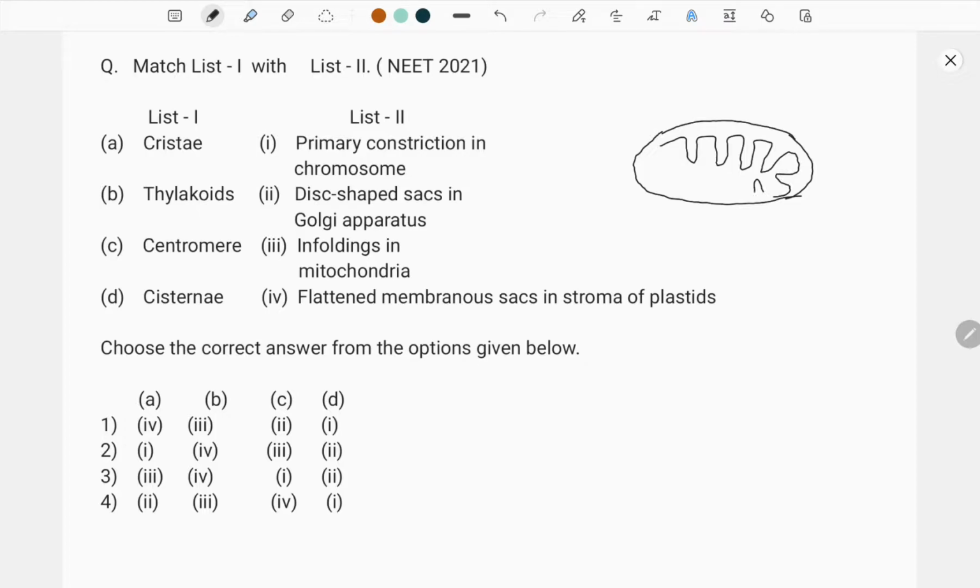Why does it show so many foldings? Do you have any reason for this? Yes, it has a very good reason. These cristae have more surface area. Why? You know that cristae is the place where the electron transport chain takes place.